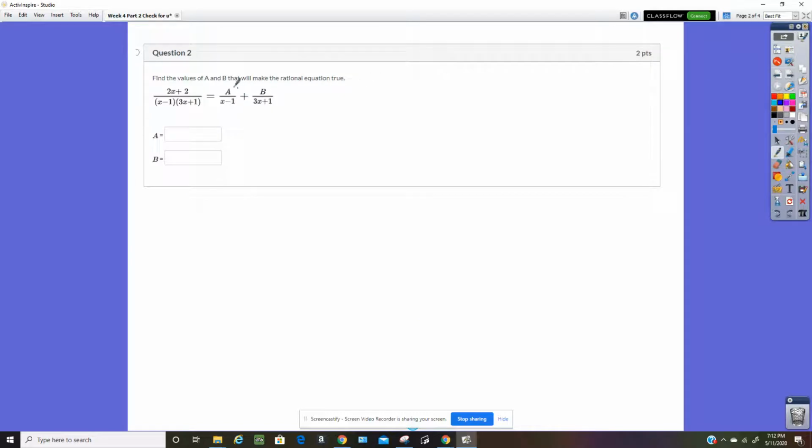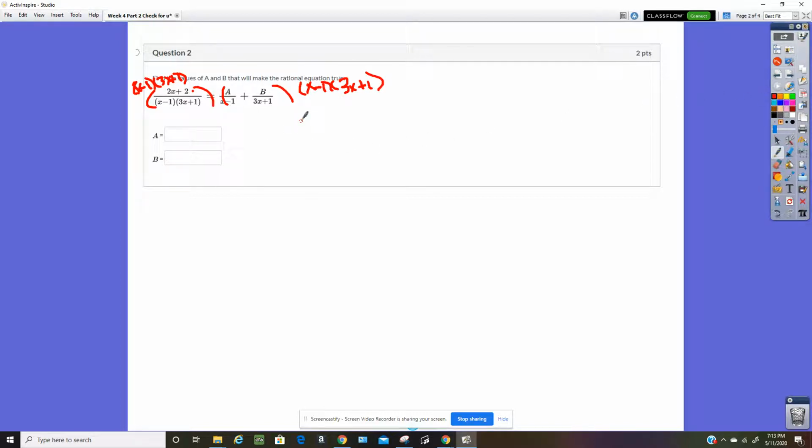Question 2, you're actually going to find the values for A and B. So here, I want to multiply both sides by the least common multiple here, and then this times x - 1 and 3x + 1.